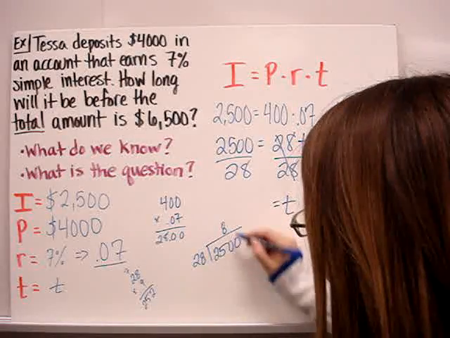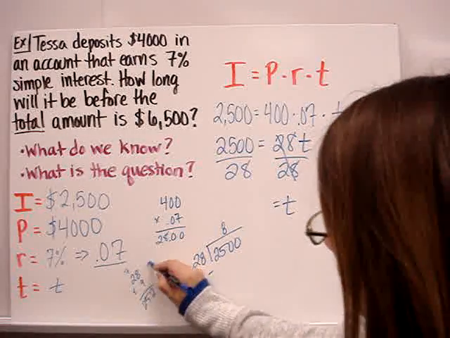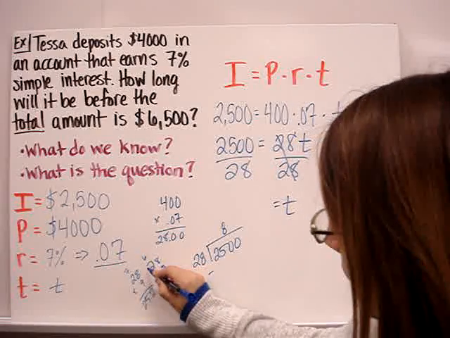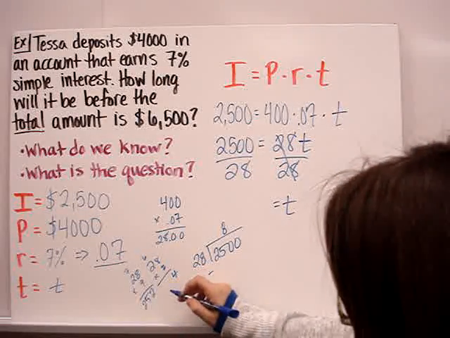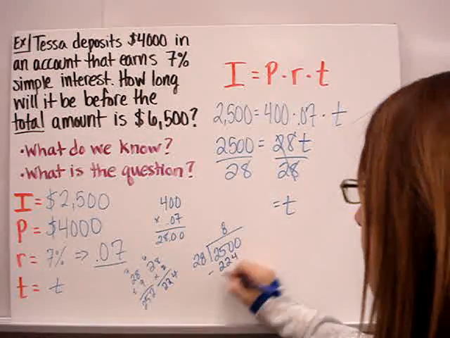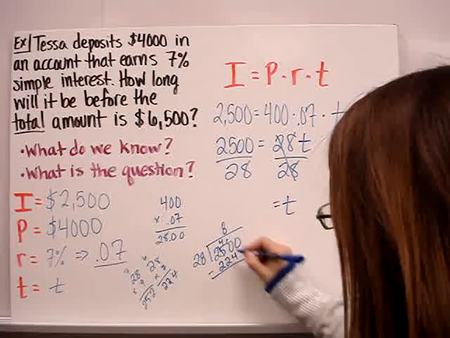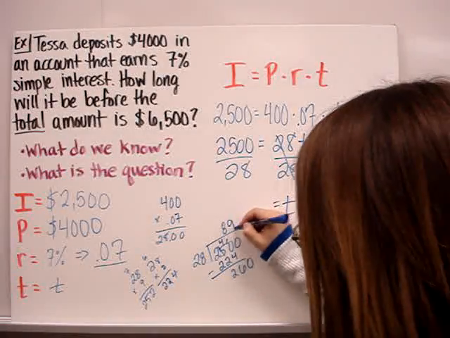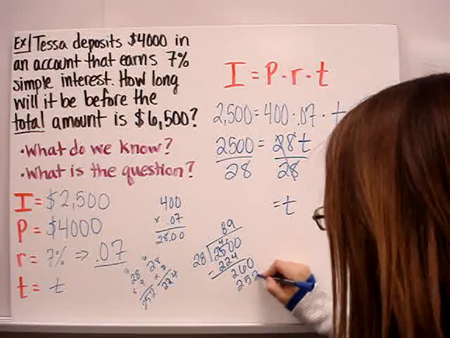So it's going to be 8. So 28 times 8, that's 64, 16, 22, 224. That's 6 to 60, and I know that's going to be 9, so that's 252.